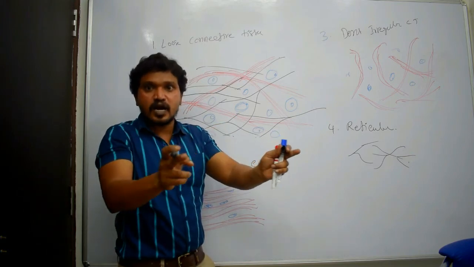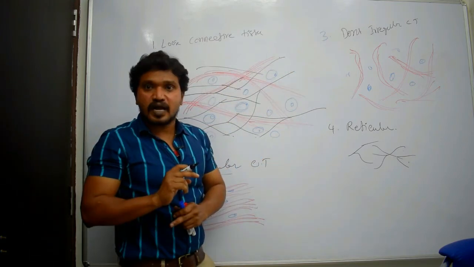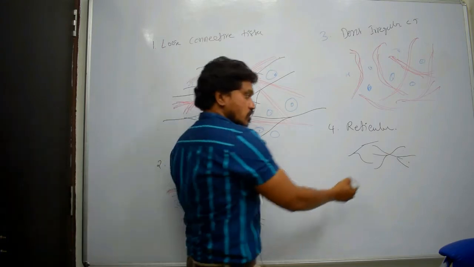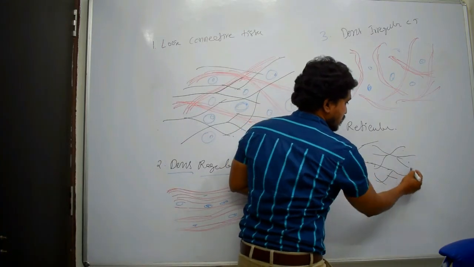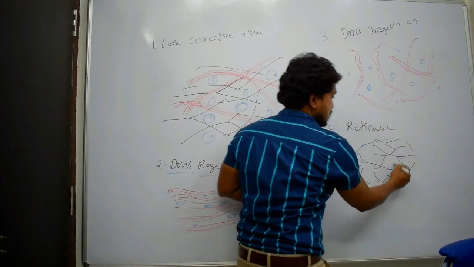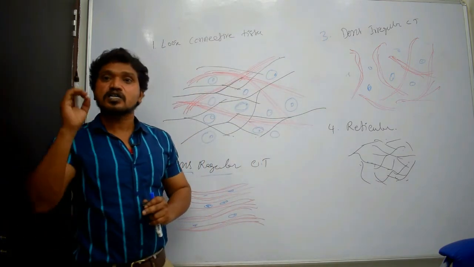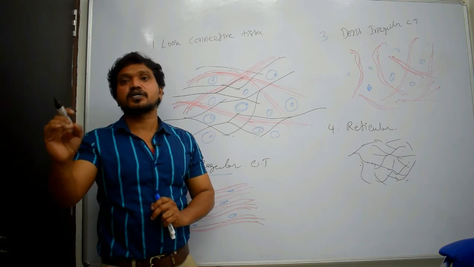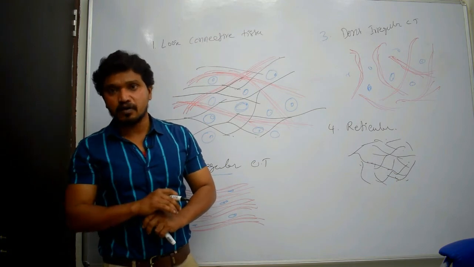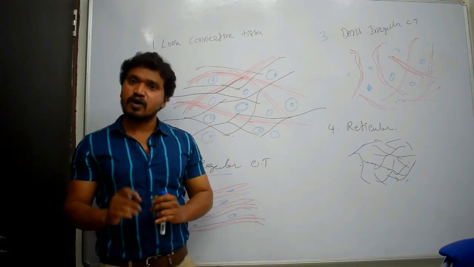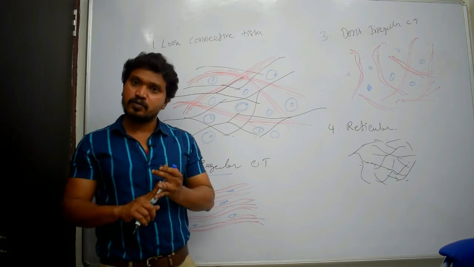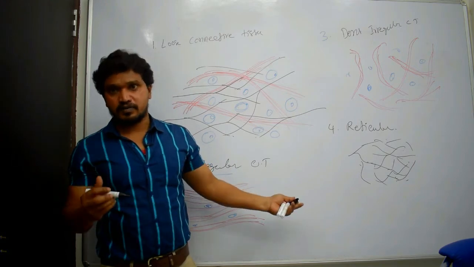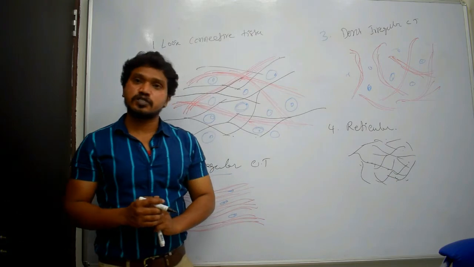First they give branches and reunite with other branches of reticular fibers, so they form a network. This network is helpful for supporting cells. This type of tissue we call reticular tissue. Where can you find it? This reticular tissue can be found in the lymph node, bone marrow, spleen and liver.